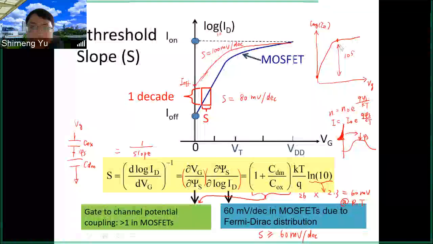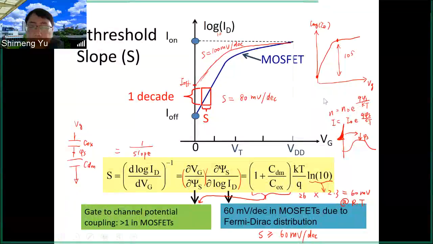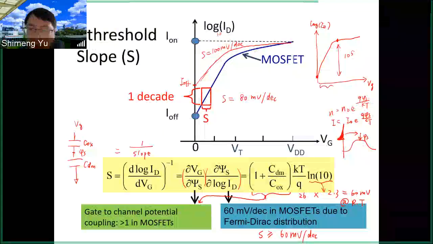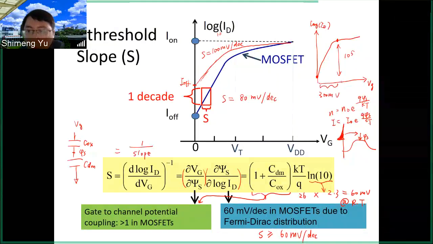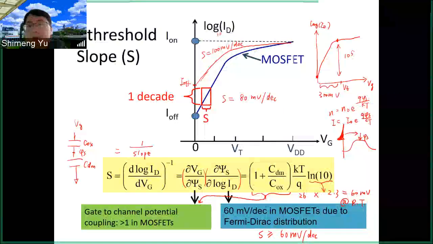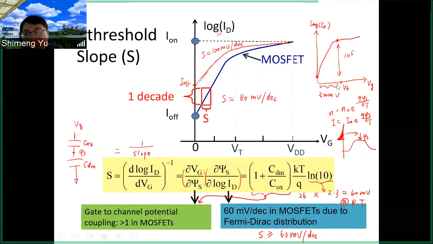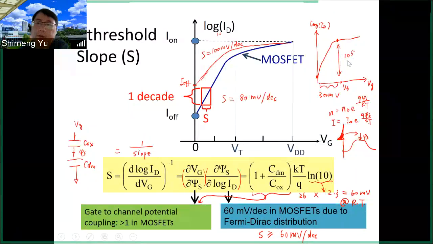Each decade is 60 millivolts per decade. So here you will have 300 millivolts for the threshold voltage. At least you need to have 300 millivolts to maintain the on-off ratio more than 10 to the power 5.